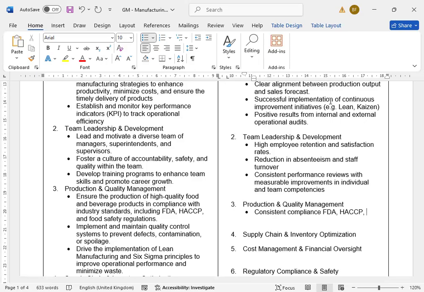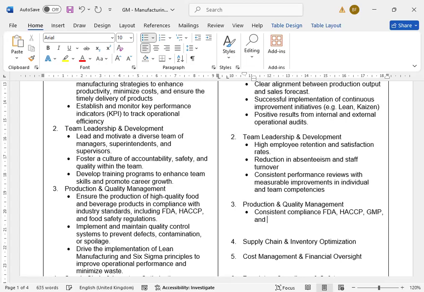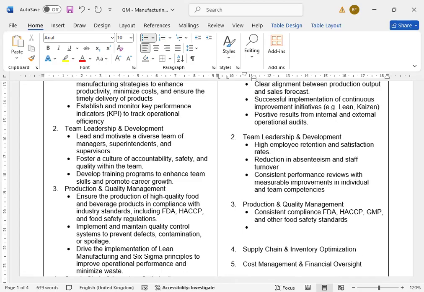GMP, good manufacturing practices. And what else? Other food safety standards. Okay. Okay, what other success indicators?